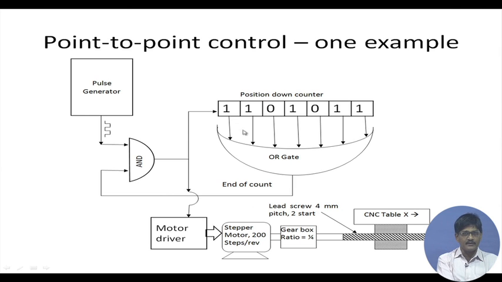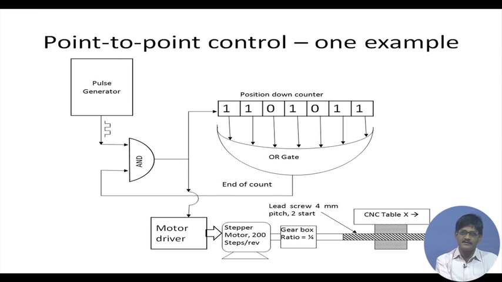So, this is a way in which we can make this device work such that after a definite number of pulses have passed through this AND gate, the counter will be counted down to 0 and further pulses will not be allowed through this AND gate, and the stepper motor will come to a stop.